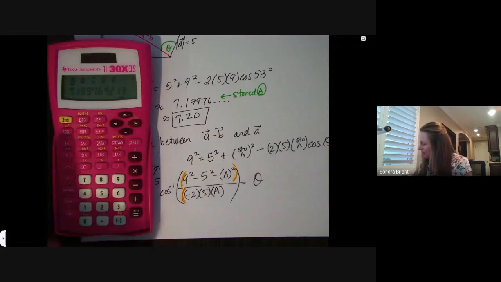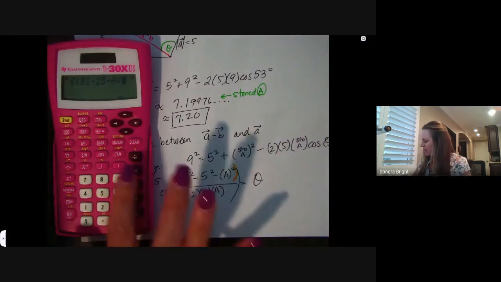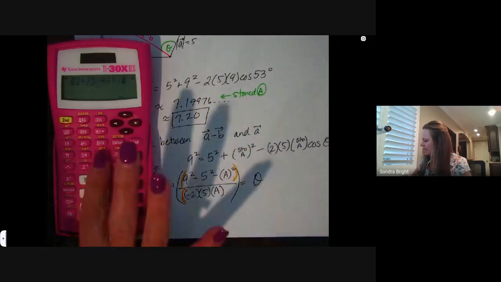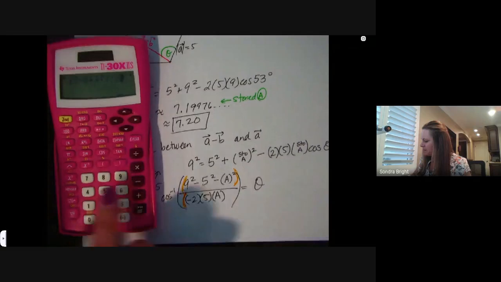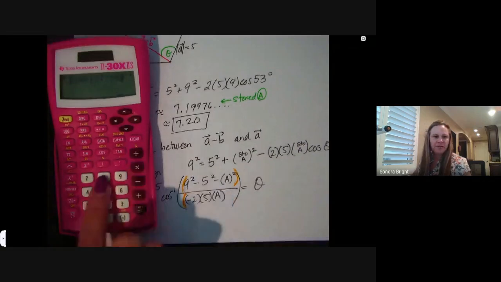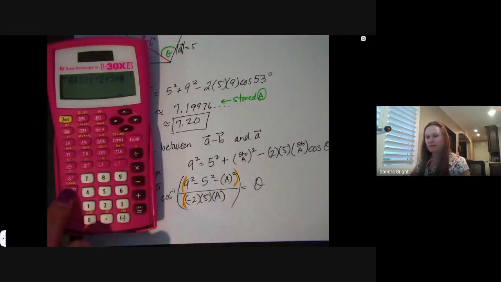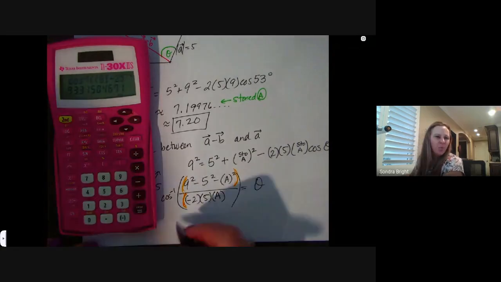Yeah, square it, and the parenthesis for the numerator, divided by, start a parenthesis for the denominator, and then it's negative 2 times 5 times memvar, memory variables, I guess, A. And you get theta is about 93.315.